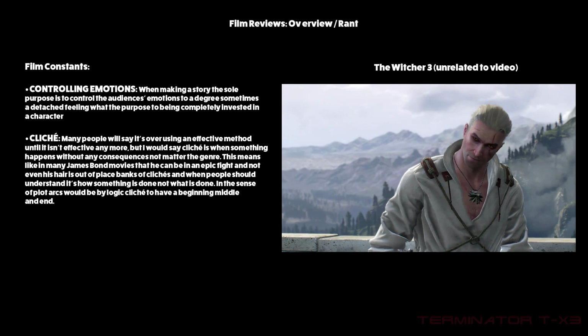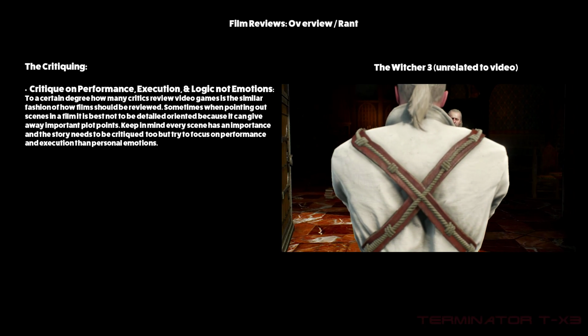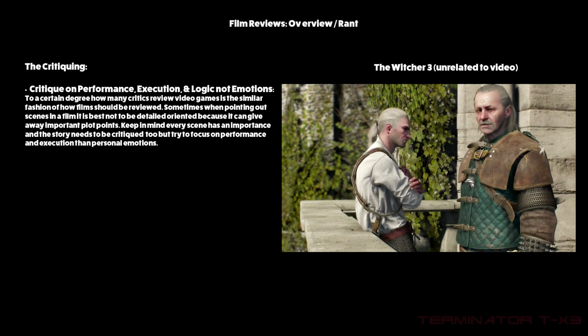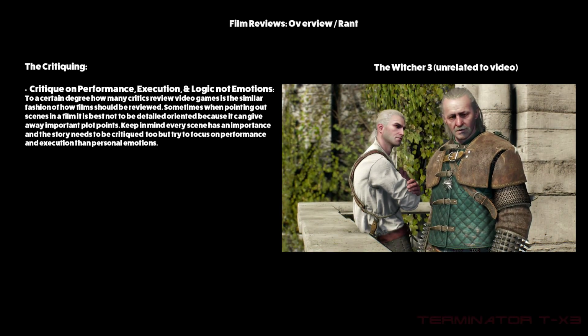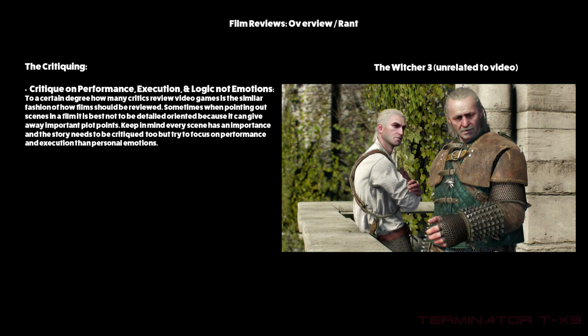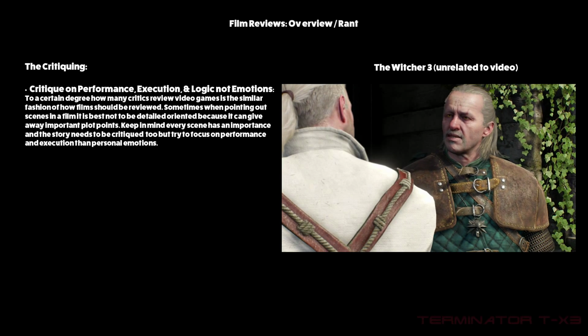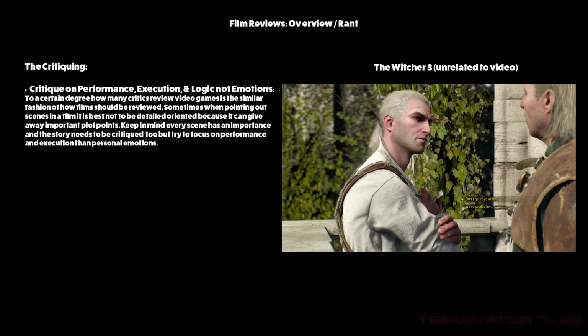Then the next thing I'll be talking about is critiquing. With critiquing, the first point I want to talk about is to critique performance, execution, and logic, not emotion. To a certain degree, how many critics review video games is similar to how film should be reviewed.